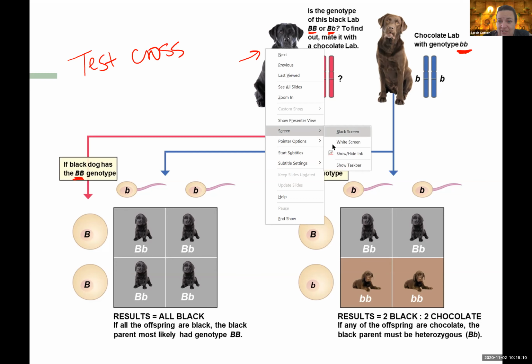All right. So let's go to a white screen here. Okay. So remember, like I said before, when I'm writing out my work for a genetics problem, I always try to keep track of everything. Okay. So I know for this particular trait that big B is black, little b is chocolate. Okay.